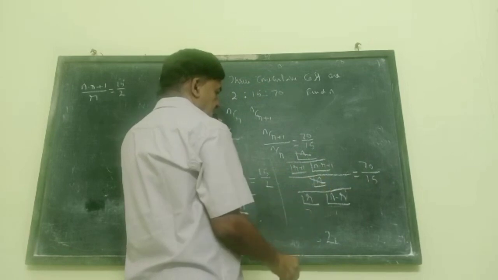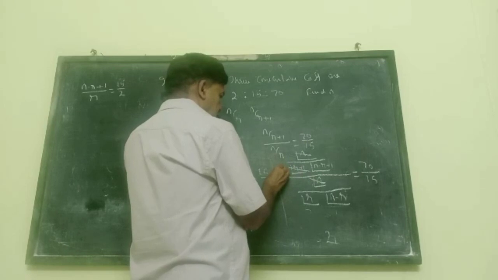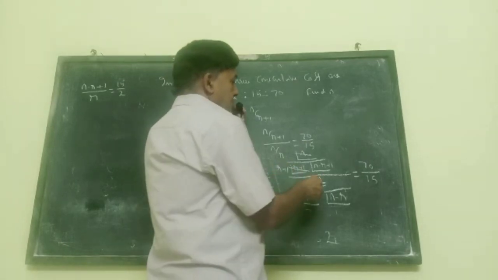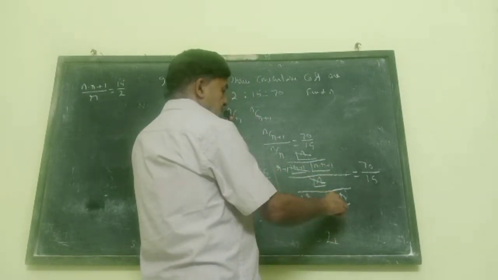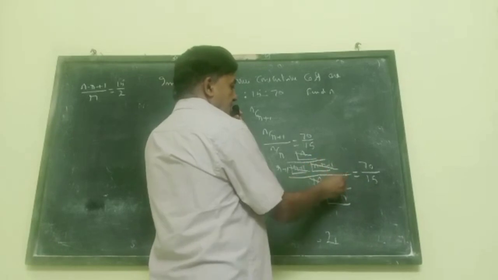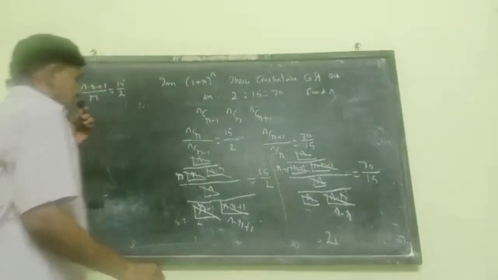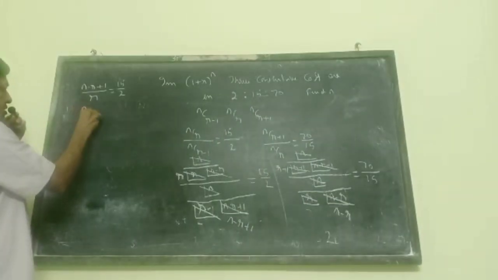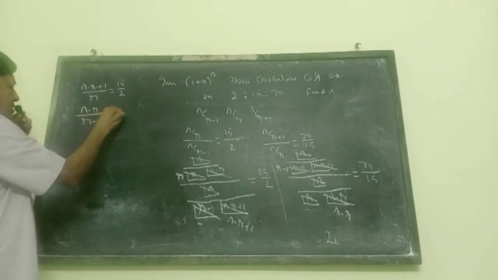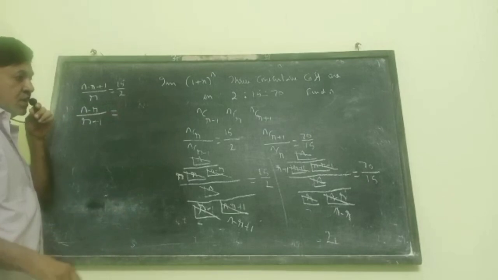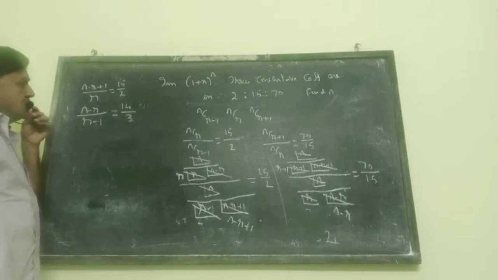This will cancel. (r + 1)! is just one more than r!, so we get r + 1 here. And (n − r)! is (n − r) into (n − r − 1)!, so here you get n − r. So finally you get (n − r)/(r + 1), which, cancelling with 5, is equal to 14/3, right?